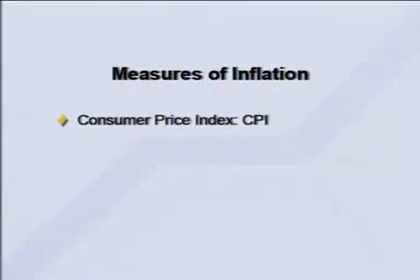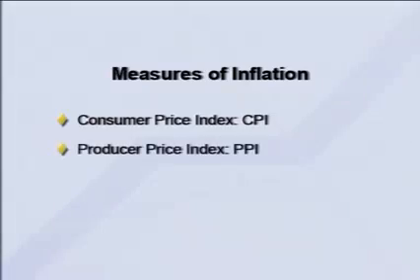Another common measure of inflation is called the Producer Price Index. The difference there is that instead of looking at a basket of goods consumers buy, it would be a basket of goods that producers buy, like steel and oil and those sorts of things that producers are going to buy instead.